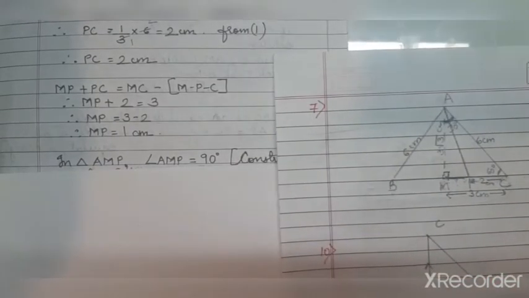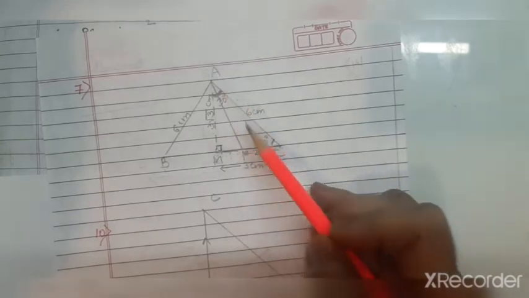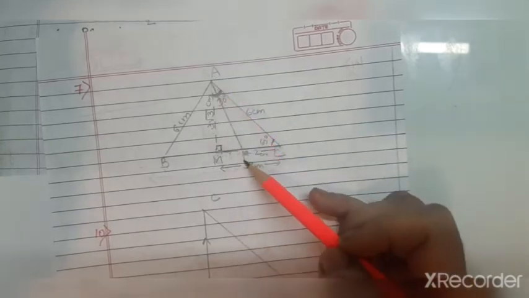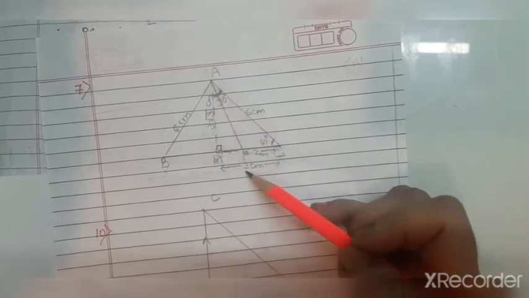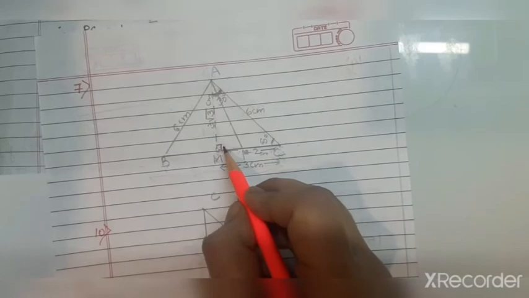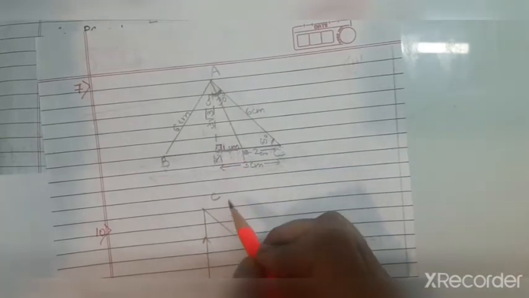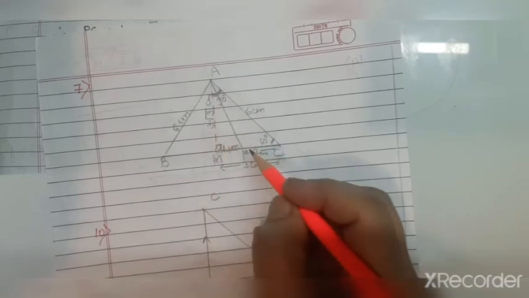Now, in triangle AMP, which I just showed you, we have to find AP. So triangle AMP is a right angle triangle. Now, we know AM, and just now we found MP, that is 1 centimeter. If we know two sides of a right angle triangle, the third side we can find with Pythagoras theorem.